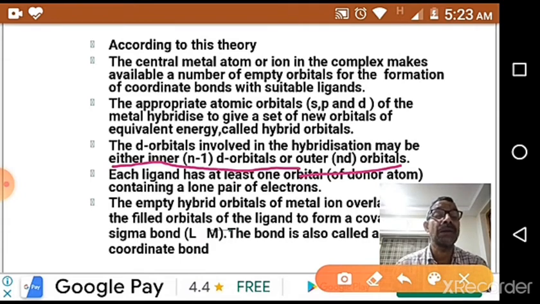Inner orbital complexes are the complexes in which (n-1)d orbitals undergo hybridization. In the case of the 3d series, 3d orbitals participate. In the case of the 4d series, 4d orbitals undergo hybridization.